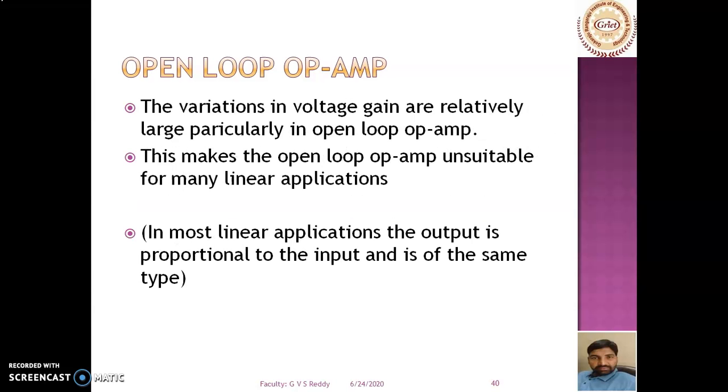The variations in voltage gain are relatively large, particularly in the open loop operational amplifier. This makes the open loop operational amplifier unsuitable for many linear applications. In most linear applications, the output is proportional to the input and is of the same type.